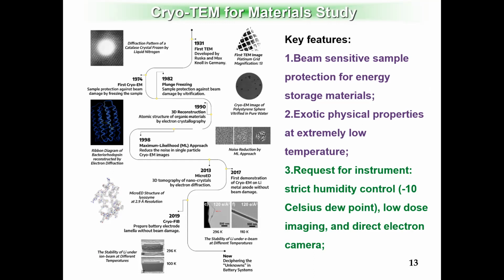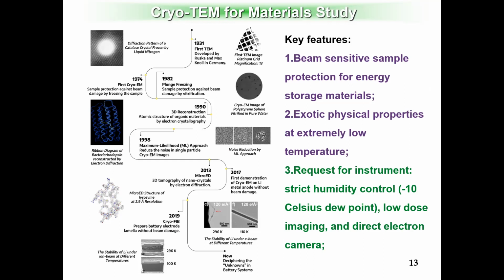Now copper, you won't worry about beam damage because its melting temperature is high. So melting temperature is one thing. The other thing is whether you have heavy elements or light elements, right? If you have a light element like lithium, most of the time the electrons can hit your lithium and knock it out of the original lattice point. Then you also have a damaged material.